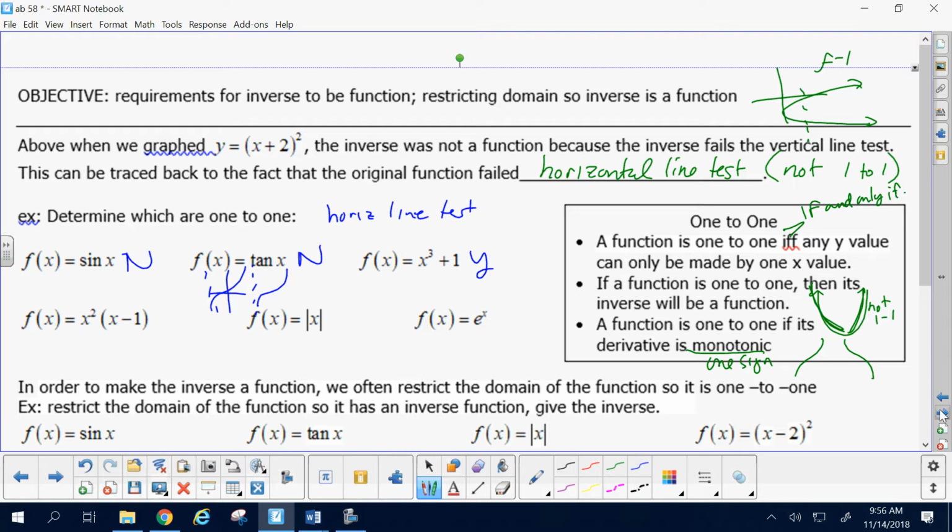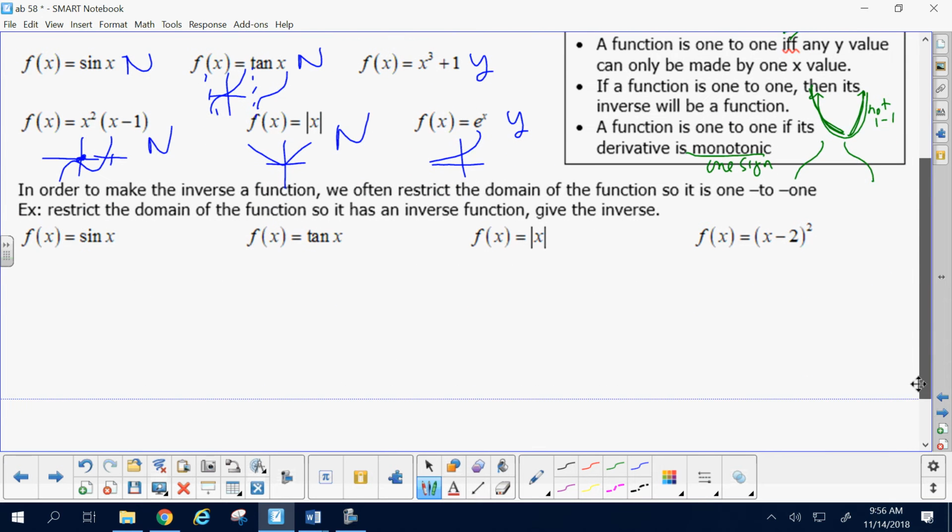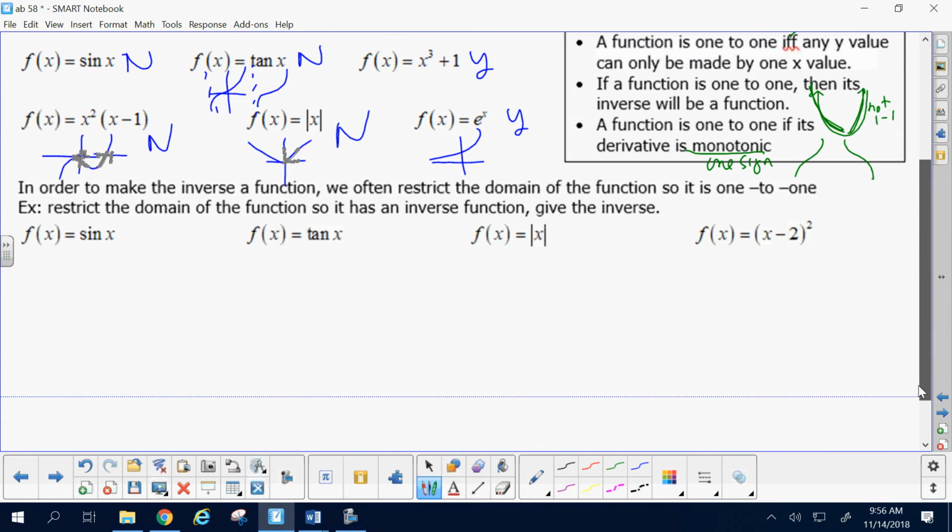What about x squared times (x minus 1), which is a cubic with zeros at 0 and 1 and a bump? So that is a no. What about absolute value of x? No. That's a no, and e to the x? Yes.